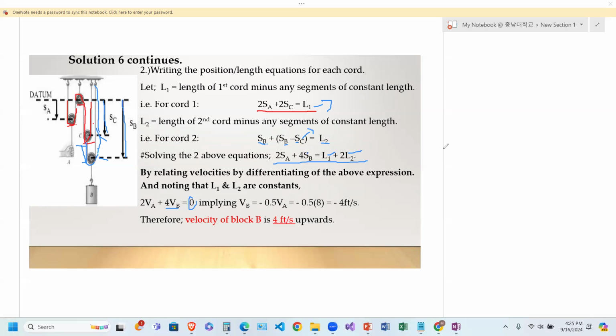So our VB would be a negative half of VA.